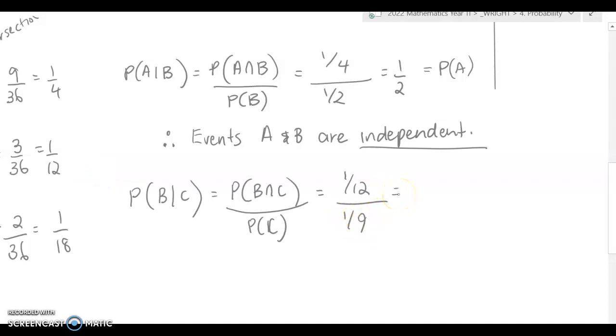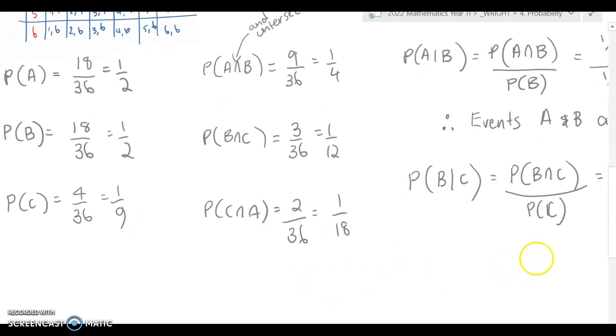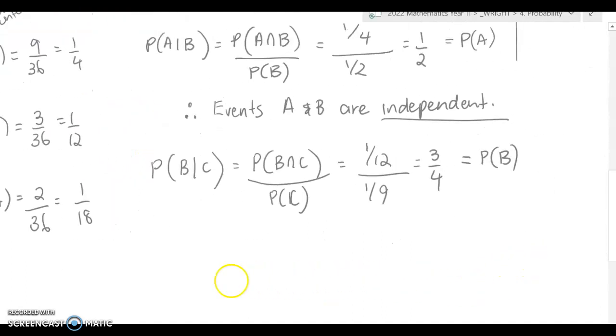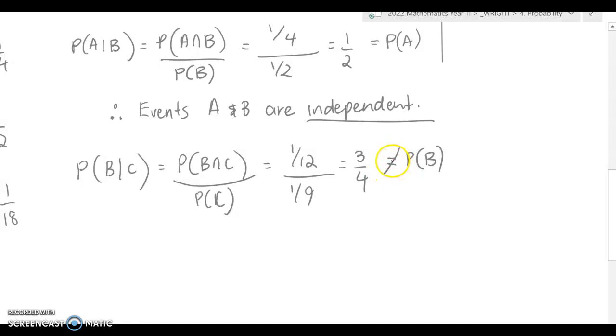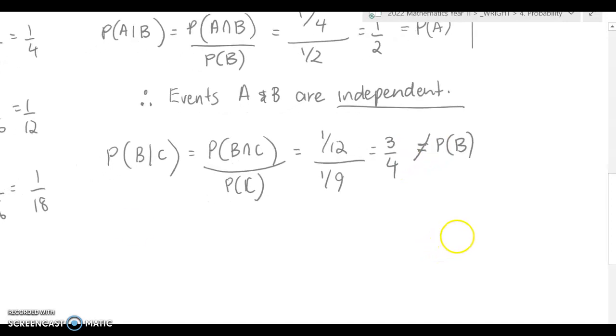And that is equal to 3/4. Does that equal our probability of B? Let's go and have a look. Our probability of B is 1/2. It does not equal our probability of B. So therefore we'd say events B and C are not independent.